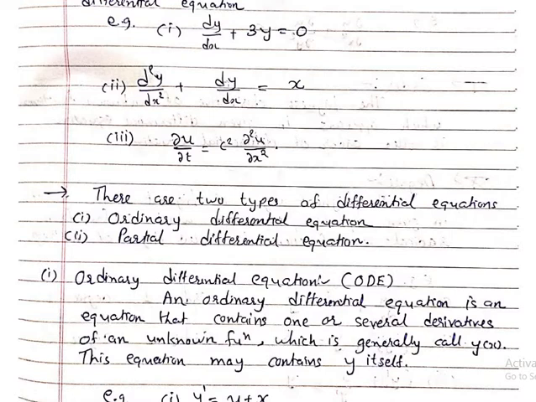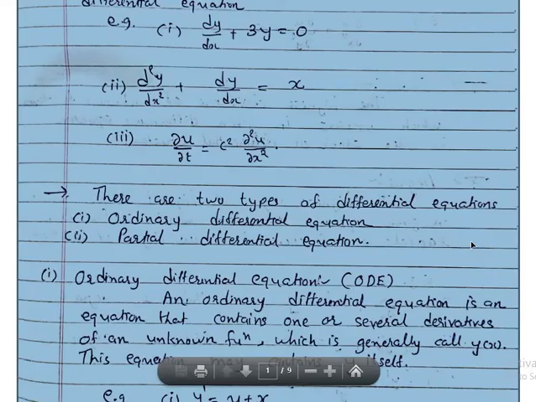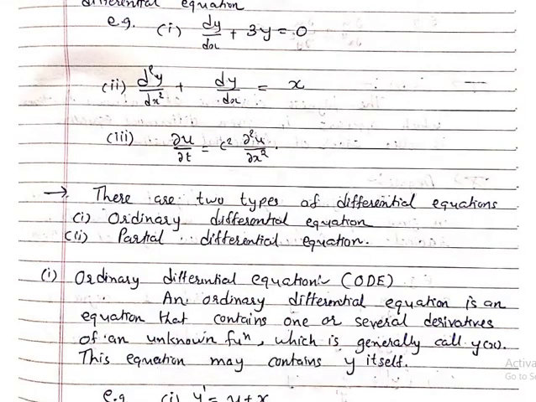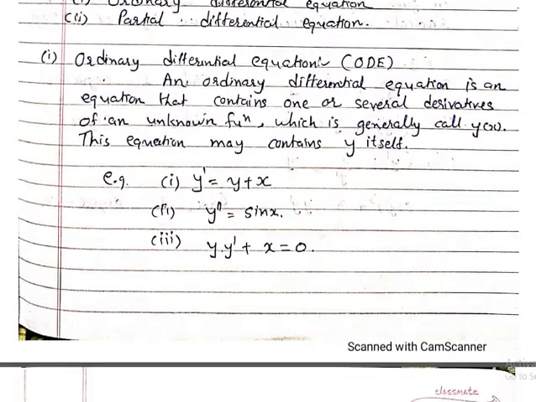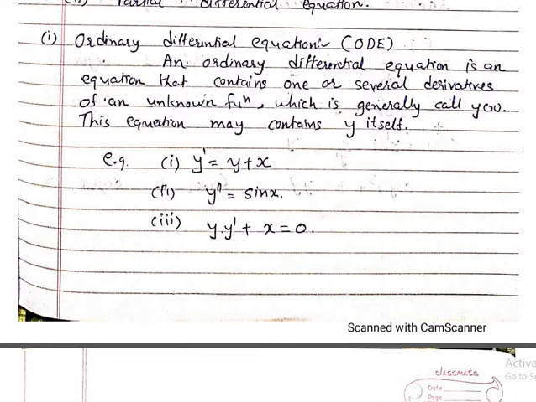Now there are two types of differential equation. First one is the ordinary differential equation. Second one is a partial differential equation. In ordinary differential equation, the equation which contains one or several derivatives of unknown function, which is generally called phi of x.